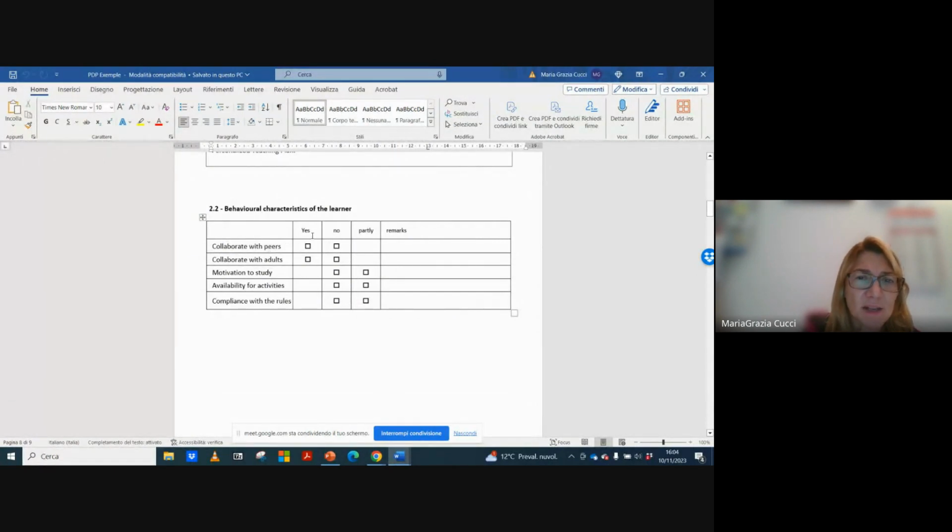Collaborate with peers: yes, no, partially, remarks. In this case, each teacher can check whether during teamwork, doing something that has to be completed with a classmate, there is collaboration between them.